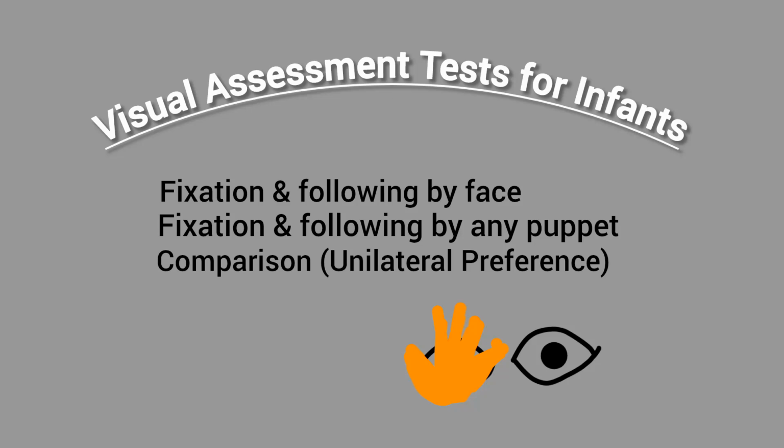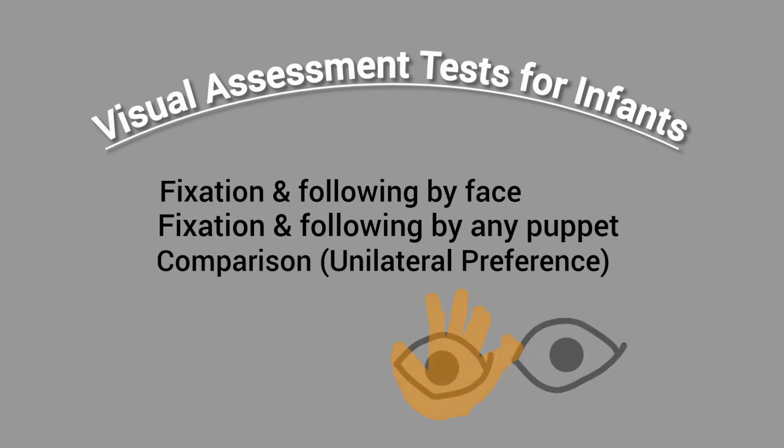If there is any vision, the patient will react, he will get irritated and he will try to remove your hand. But if there is no vision in the eye which you have closed, the patient will not react. The infant will not cry or get irritated, because he cannot see with that eye. So he will not get any kind of problem when you place your hand in front of an eye which does not have any vision, right?